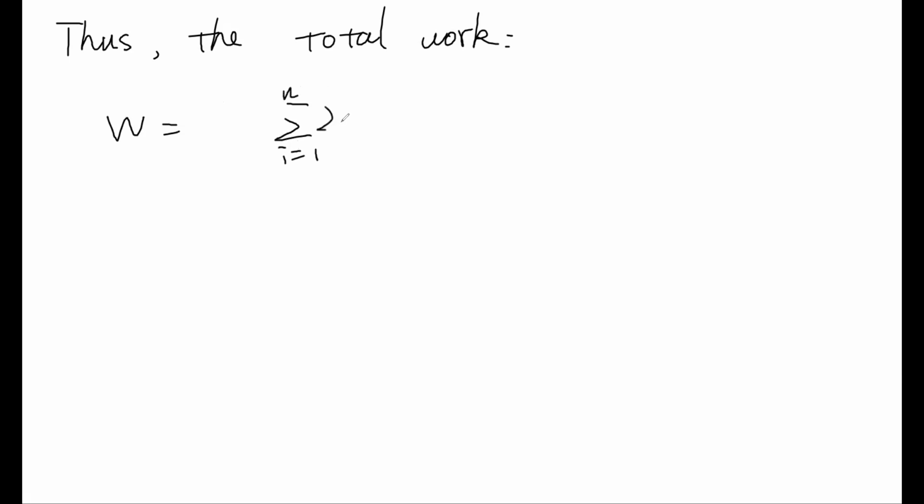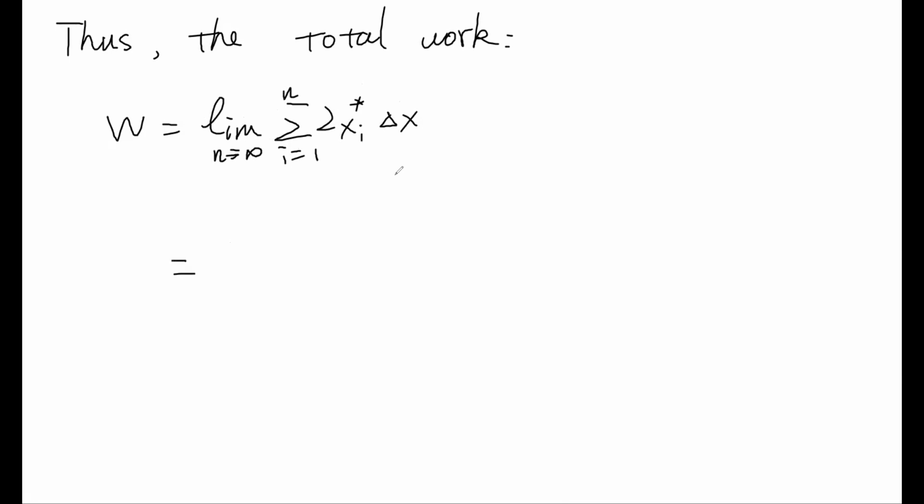Therefore, the total work is the sum of the work done for each element, from i equals 1 to n, of 2 xi star delta x, and you let n go to infinity, which makes delta x infinitely small, so it's practically a particle.